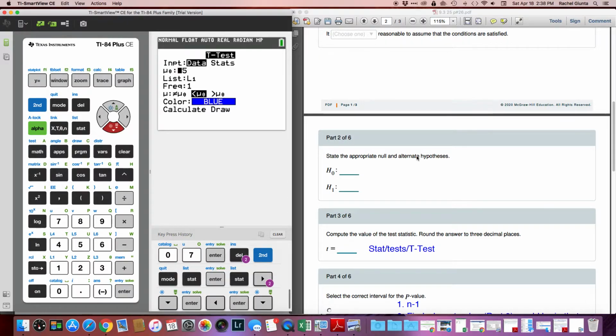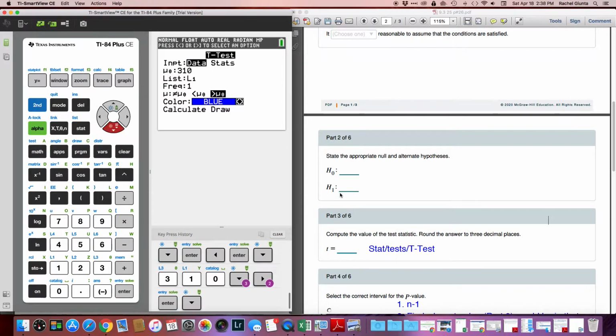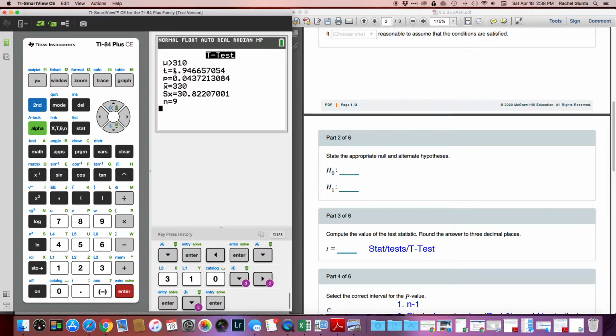The mean is the number we're comparing to from H0, so that's 310. The list is L1, frequency is always going to be 1, and in this case greater than 310 was the direction we had for H1. And calculate. So T is 1.946, 3 decimal places, so 1.947.